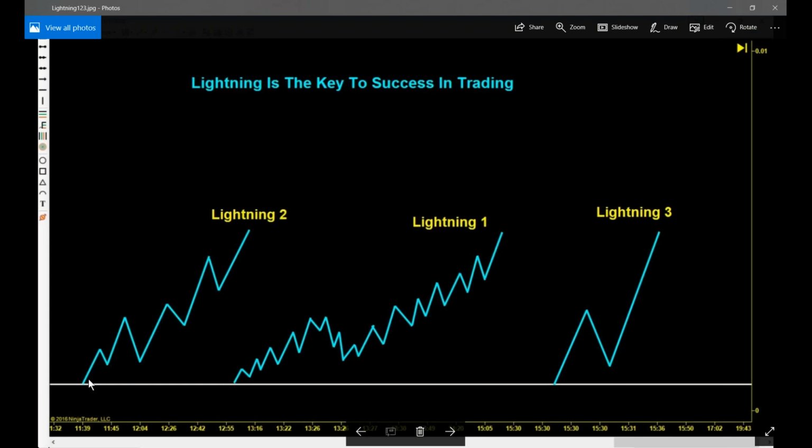This is your lightning 2, low, high, higher low, but not until it takes out the swing here to the left, that's your higher low only when it takes out that swing. Okay, it's only the new low when it takes out this swing. It's only the new low when it takes out this swing. It's only the new low when it takes out that swing.